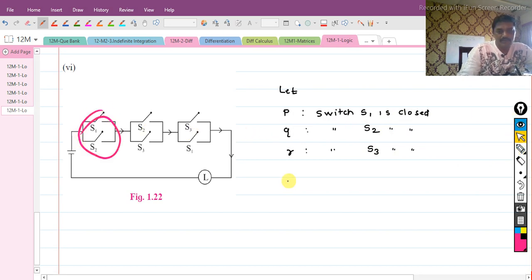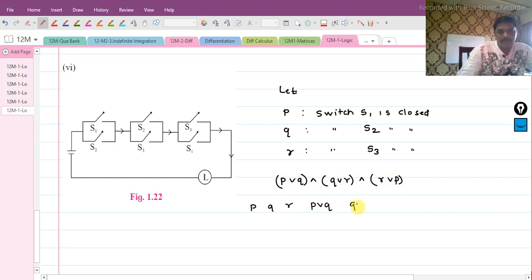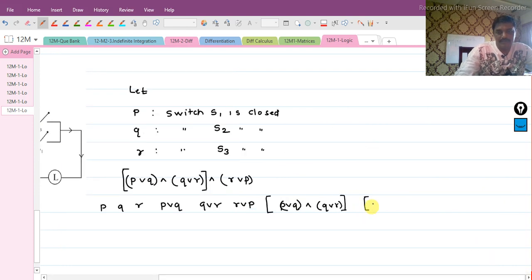So what will happen here? P or Q. This is in series with Q or R. This is further in series with R or P. Tell me, the columns of the input output table will be P, Q, R, P or Q, Q or R, R or P. Now I will take it this way. The first will be P or Q, then the next column is going to be Q or R, and then P or Q and Q or R and R or P.